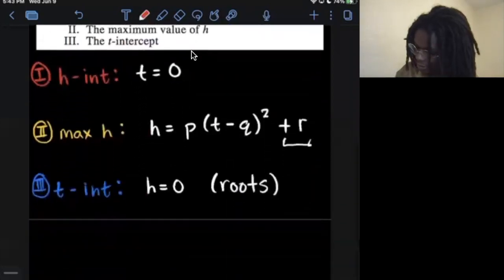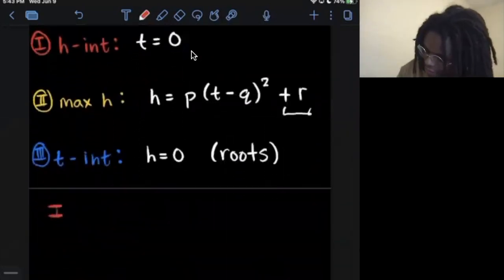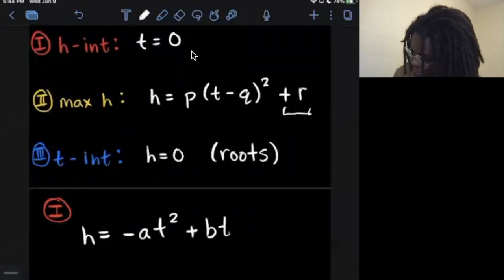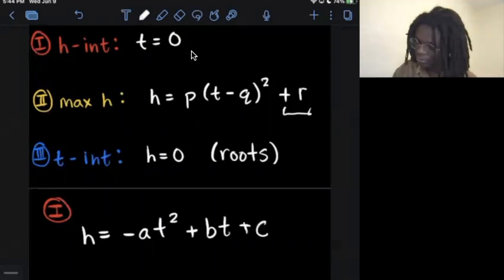So let's go ahead and get started. We'll start with the h-intercept. Let me rewrite the equation. We'll have h equals negative a t squared plus bt plus c. As we said earlier, for the h-intercept, all I have to do is find where t equals 0.